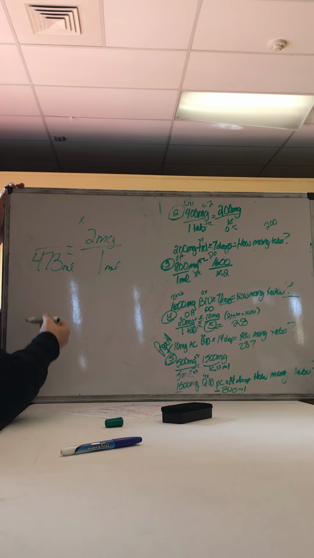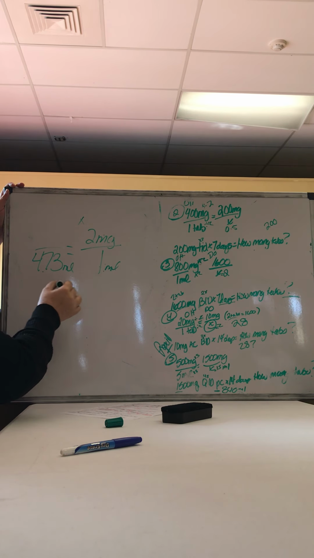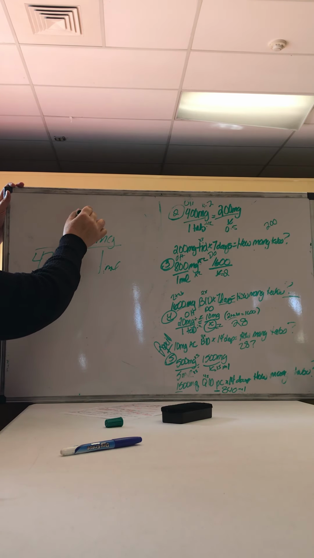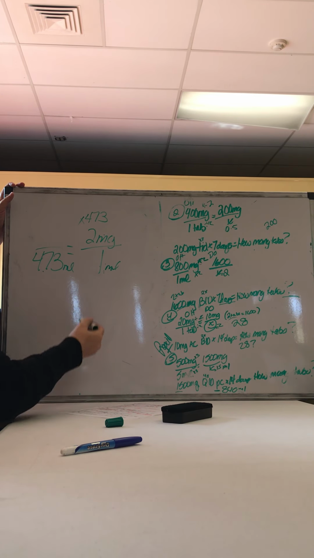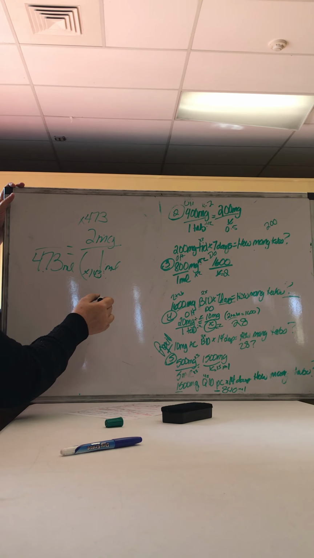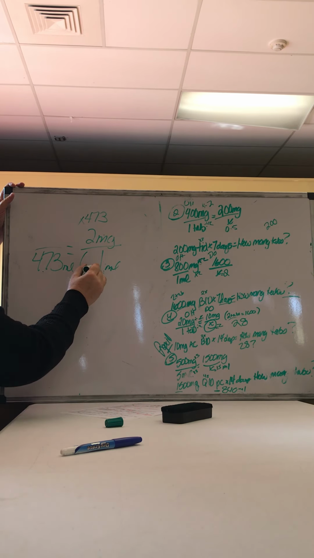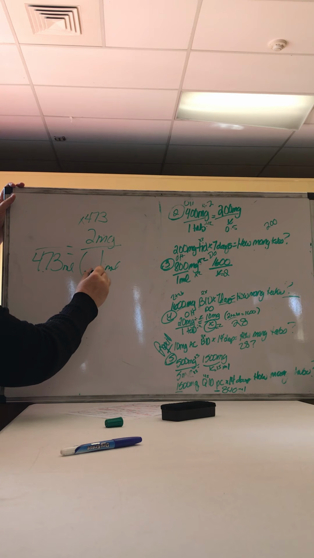So how do I get from 1 to 473? You times it by 473.